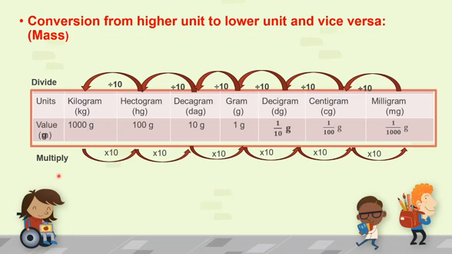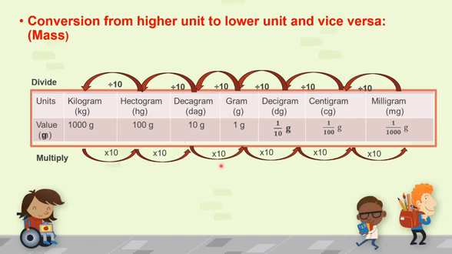It is just the same. The concept is just the same. The concept says that as you move from higher unit to lower unit, can you see this arrow going towards the right side? That means from higher unit to lower unit.